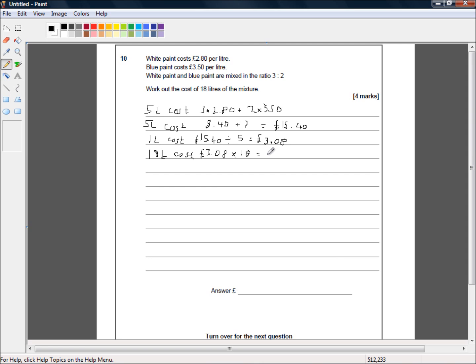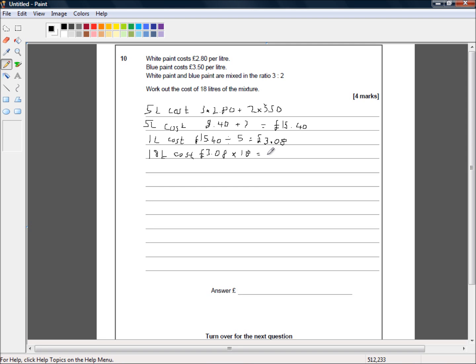okay, so we can either multiply by 9 and then multiply by 2, or we could multiply by 10 and then add 8 times £3.08, so it's £3.08 times 10 plus 3.08 times 8.